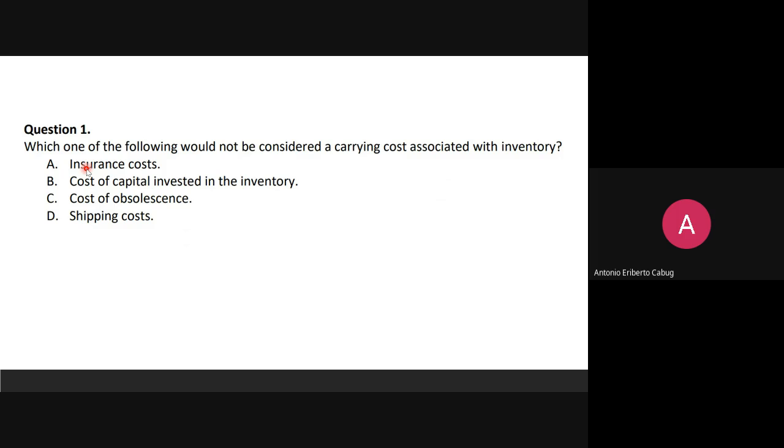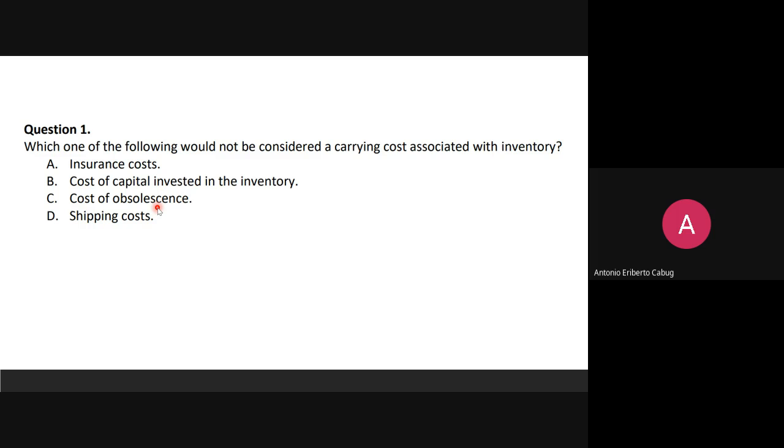Tama? If it will stay with us for 2 months instead of 2 weeks, mas marami tayong babayaran na pang insurance ng inventory. Habang tumatagal, lalong pwedeng malaos. In English, it becomes obsolete. So the cost of obsolescence, yung malalaos, is also a carrying cost. Habang tumatagal, lalong mapapagastos tayo.